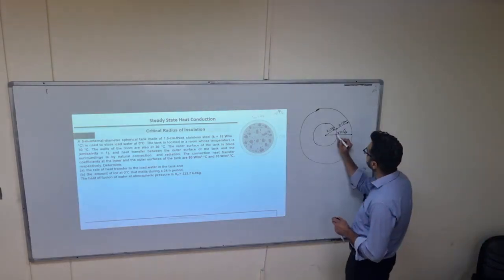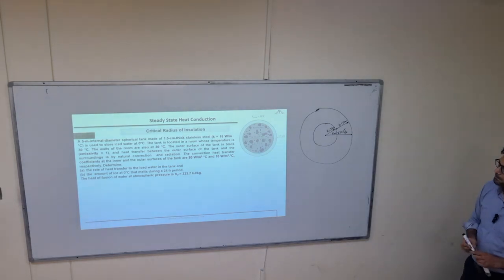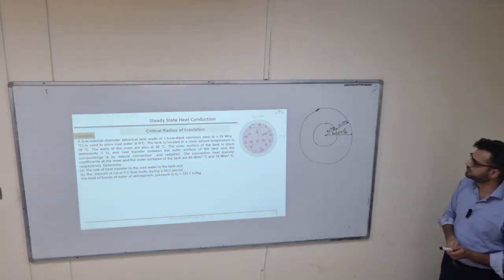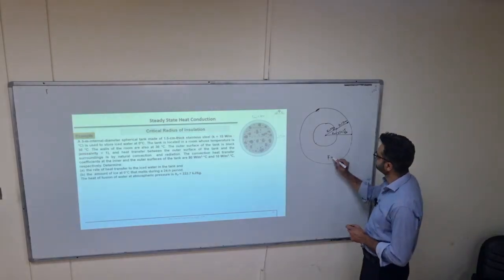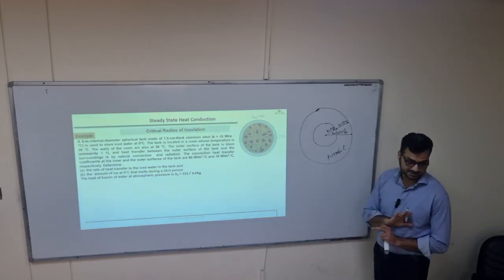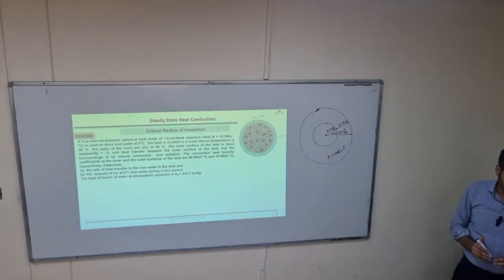So that is our R2. And it is made up of stainless steel, of that spherical wall, k is 15 watts per meter per degree Celsius or Kelvin. It's same because again in the definition of k, it's delta T, right?